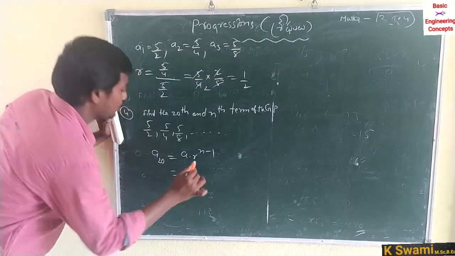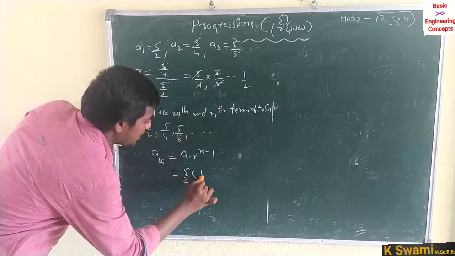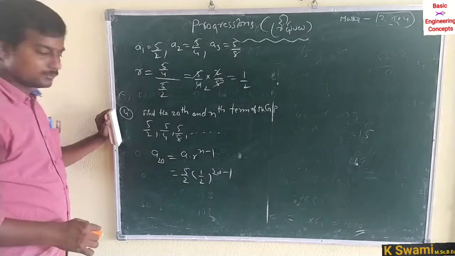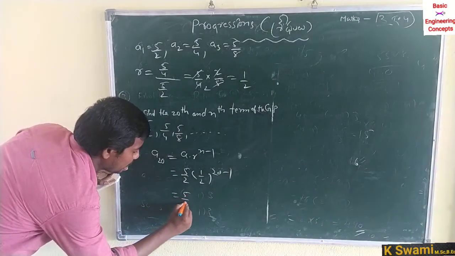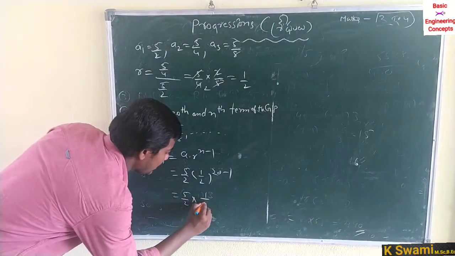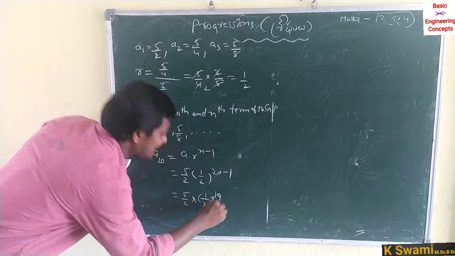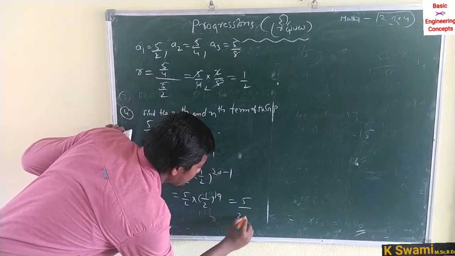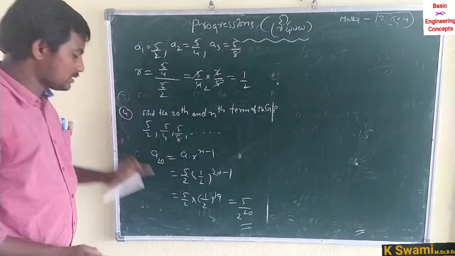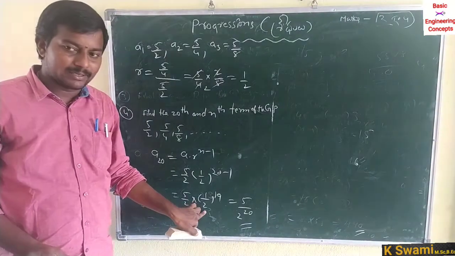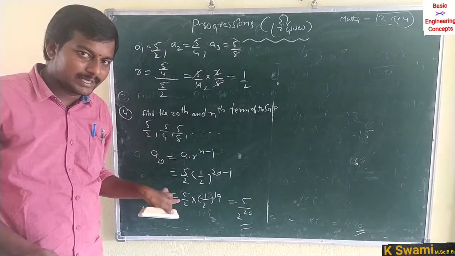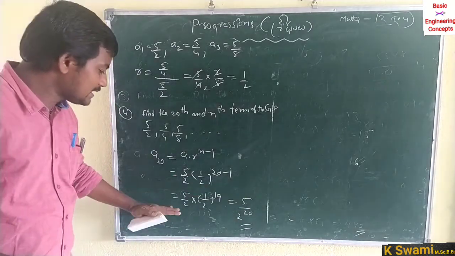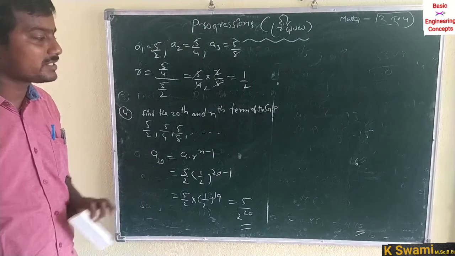So 5/2 into r, which is 1/2, whole power 20 minus 1, that is 5/2 into 1/2 whole power 19. That is equal to 5/2 power 20, because 2 power 1 and 2 power 19, bases are equal, powers are adding, 1 plus 19 is equal to 20. 5/2 power 20 is the 20th term of the given series.